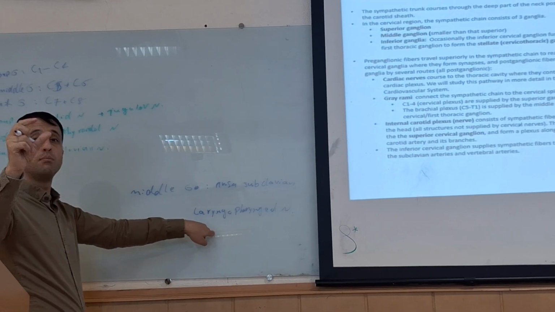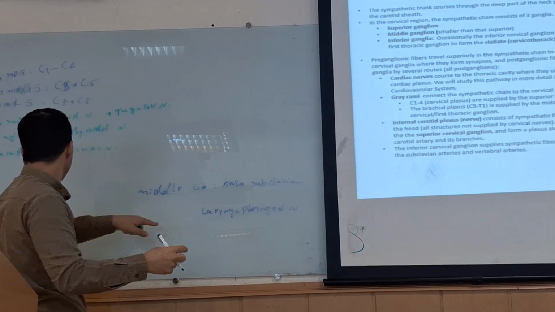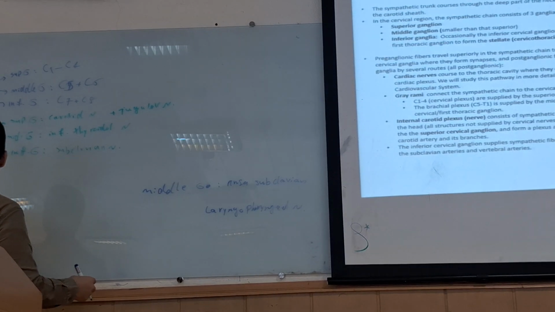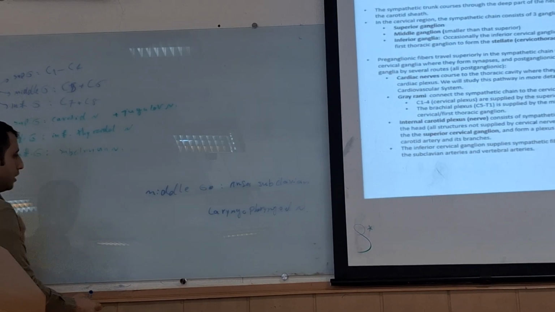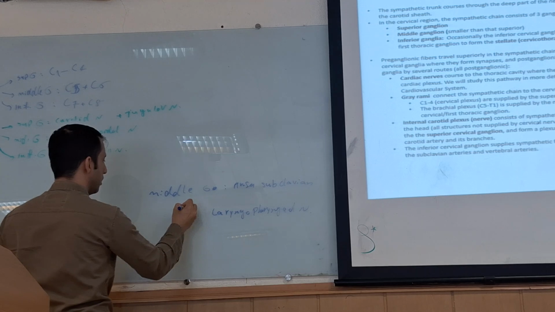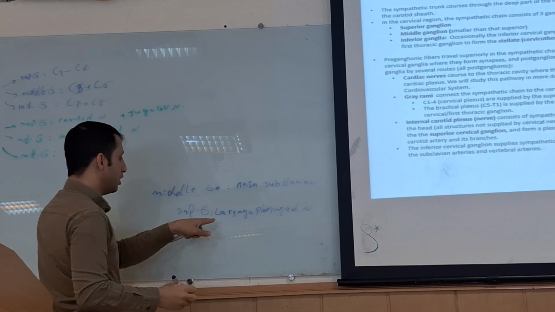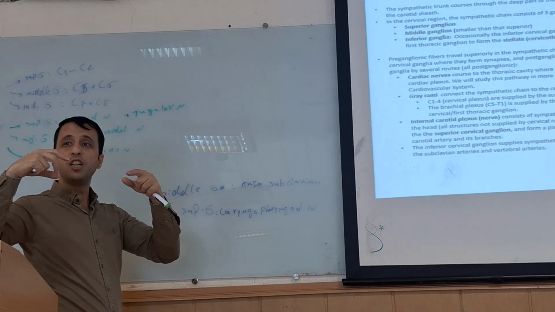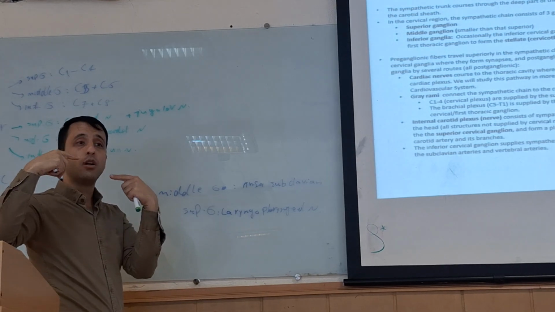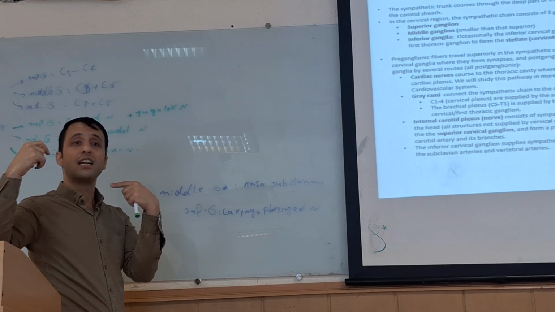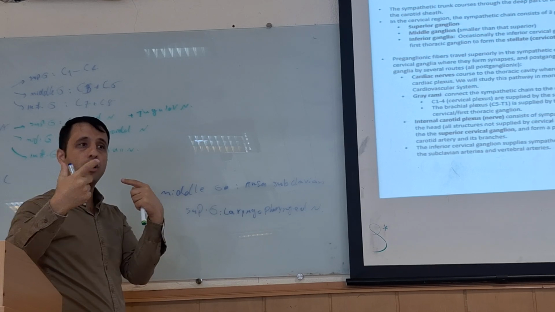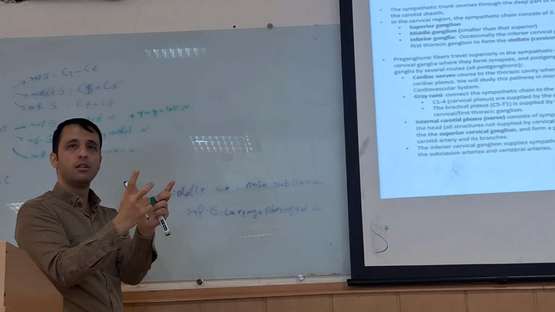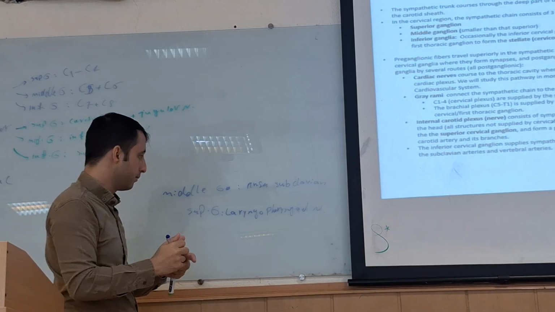It is a sympathetic fiber from the superior ganglion. What is the function of the laryngopharyngeal? They go and merge with a branch of the vagus and a branch of the glossopharyngeal to make the pharyngeal plexus. Okay?